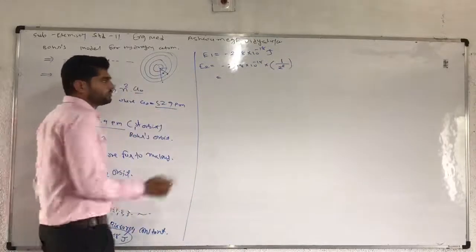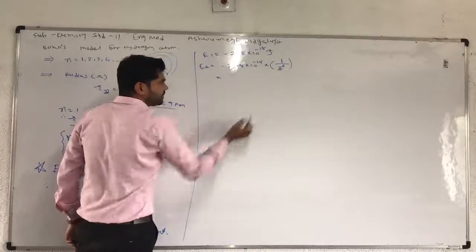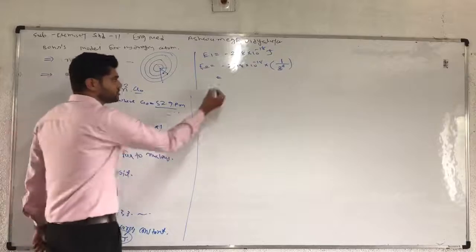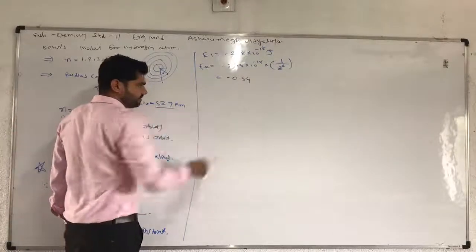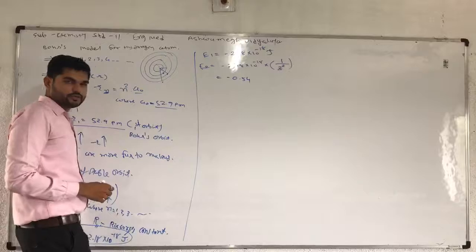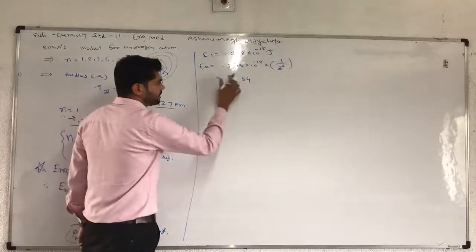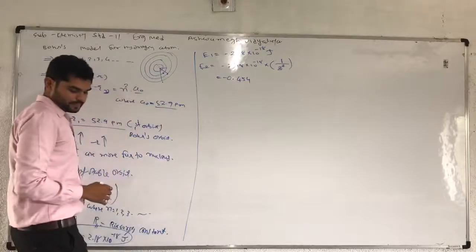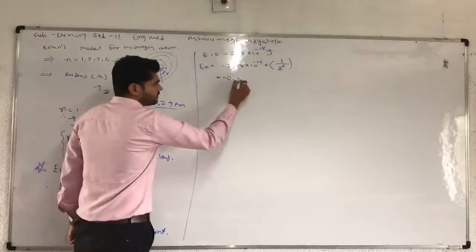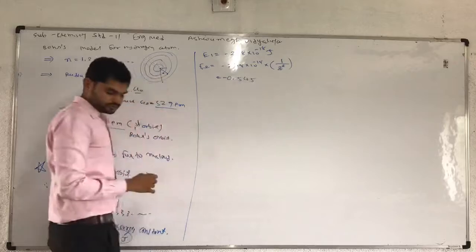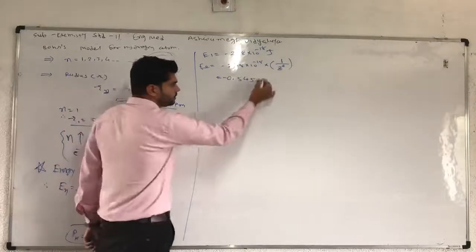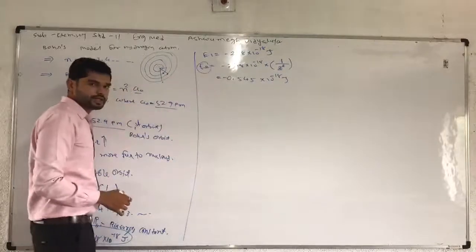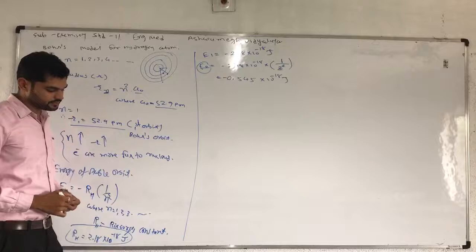For the second quantum number, n equal to 2, so 2 square means 4. So the final answer is minus 0.545 into 10 raised to minus 18 joule, the energy of the second quantum number, second level.